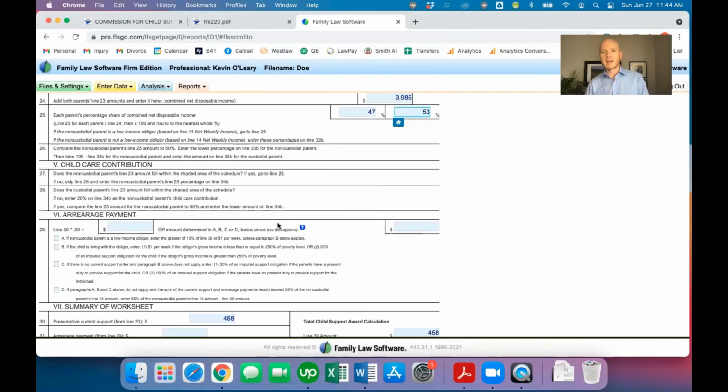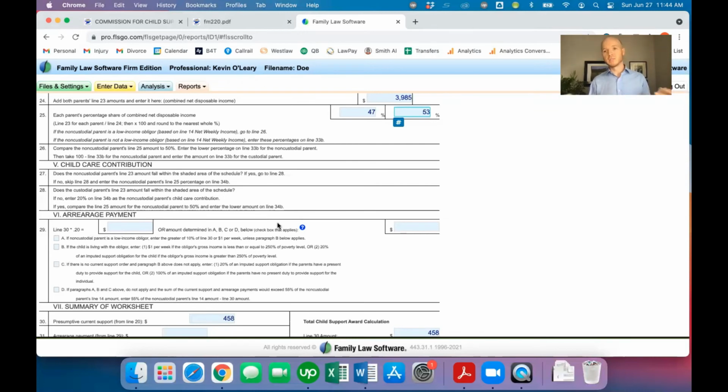Now, if the parents have a 50-50 custody schedule, the court's not necessarily going to think it's fair for John to pay Jane the full child support amount, because normally you would be paying that full child support amount if the children were living primarily with Jane. But because it's a 50-50 schedule, the court's normally going to deviate. They're going to reduce that amount down to a lower number based on the shared parenting plan.